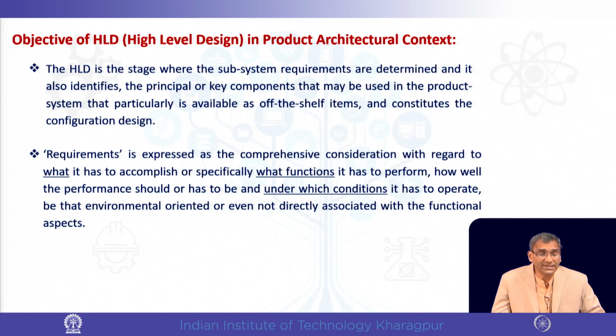That may be used in a product system that is available off the shelf. So, here we are talking of two things. One is the distinct design or customized product, that is something that is to be built uniquely, and there are some components which are to be used in a product, but those are available off the shelf, bought out components.